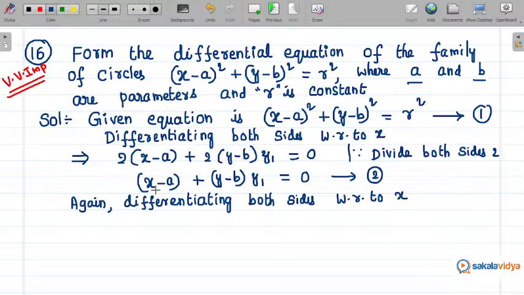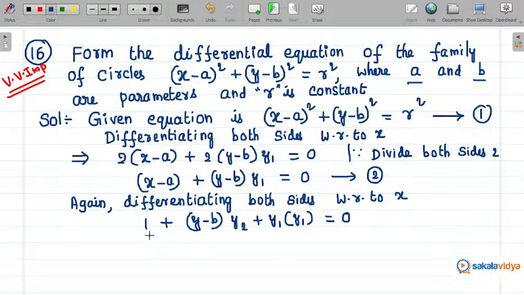Then what do we get? x minus a differentiation: x differentiation is 1, a differentiation is 0, so 1, plus this y minus b into y1. You need to differentiate this one using the product rule, the uv formula. So y minus b into the derivative of y1 is y2, plus y1 into the derivative of y minus b, which is y1, because the derivative of b is 0.